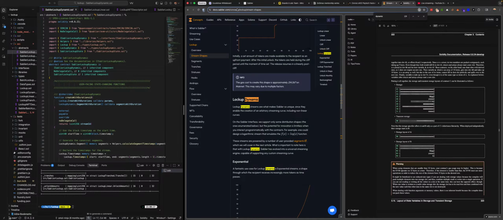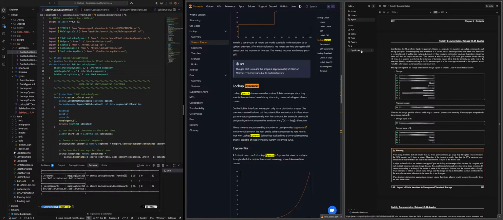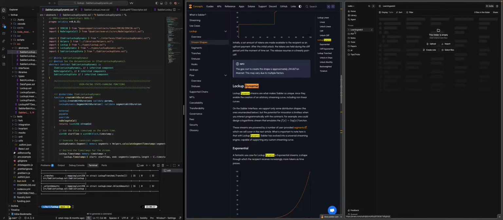So what I'll do is I'll just import that into here, and I'll create another learning web3, and then I'll add one more subfolder which we'll call Sablier, and I'll put it under here.